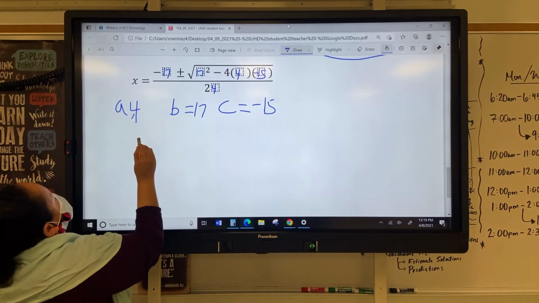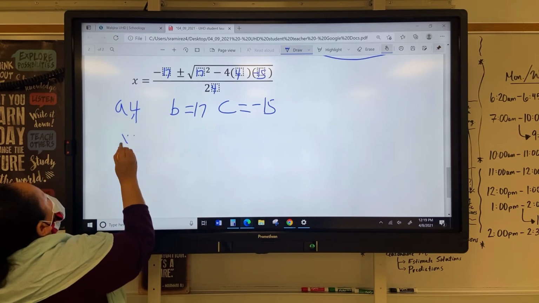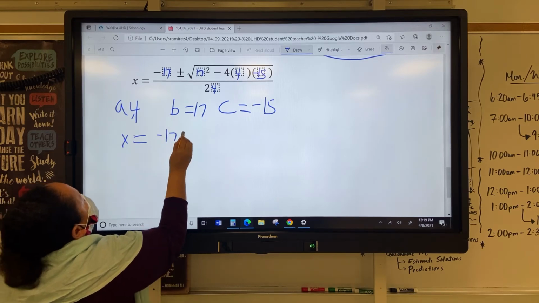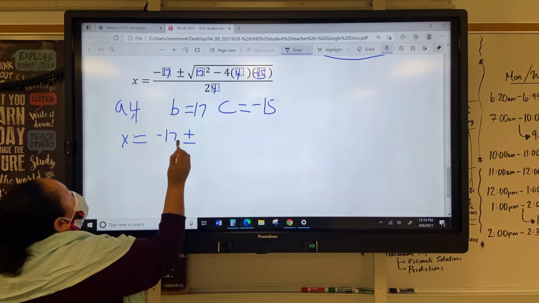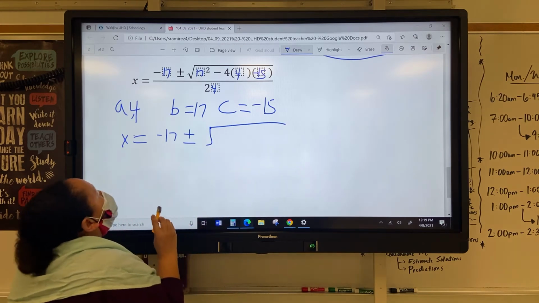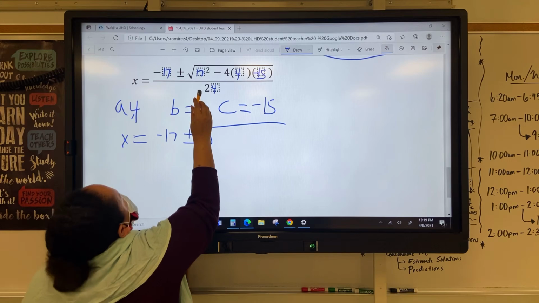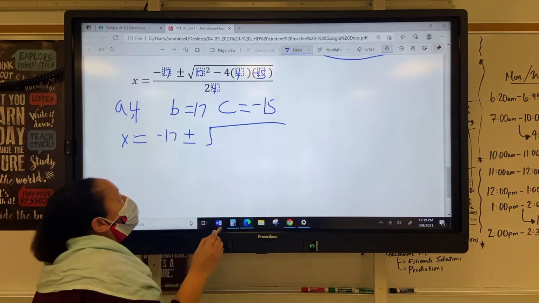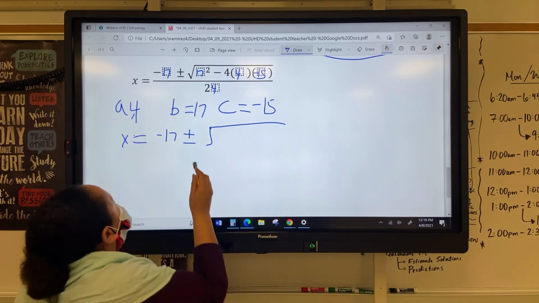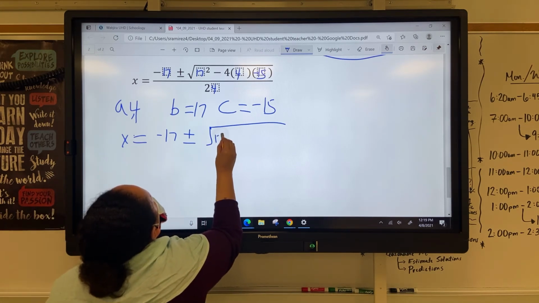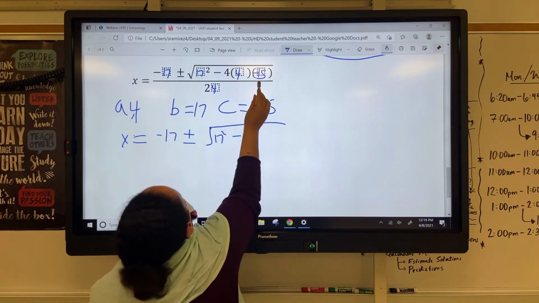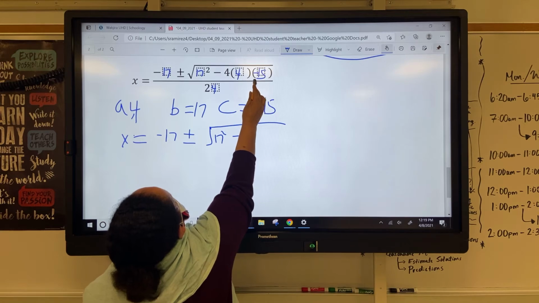Okay, we have x equals minus 17 plus or minus the square root of 17 squared, you do it in the calculator, minus 4 times 15, which is minus 60.